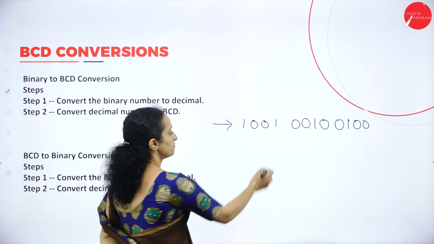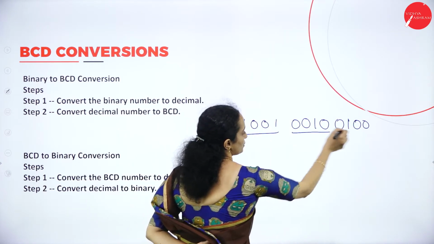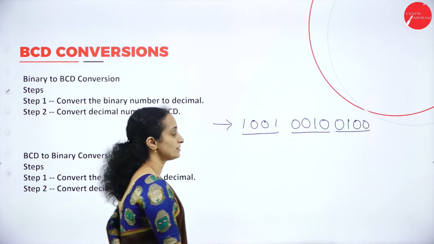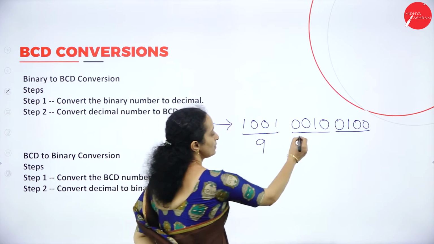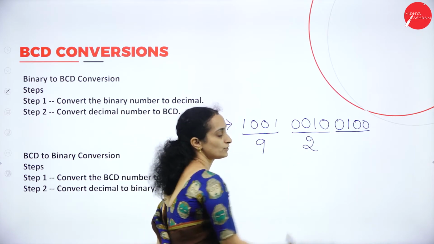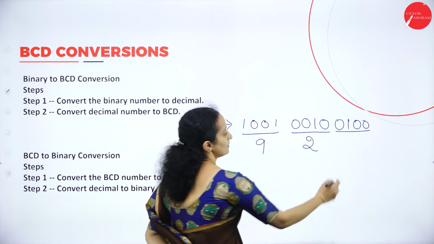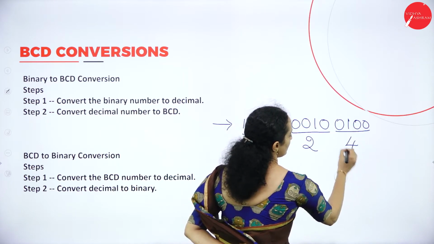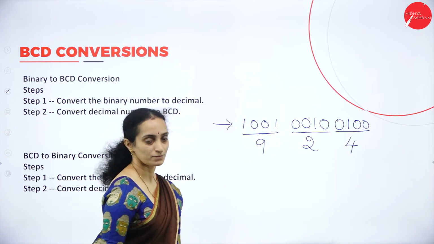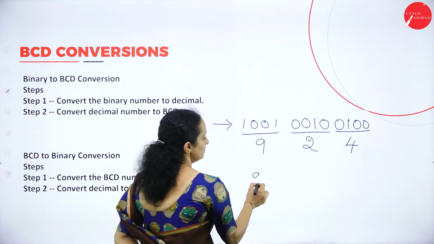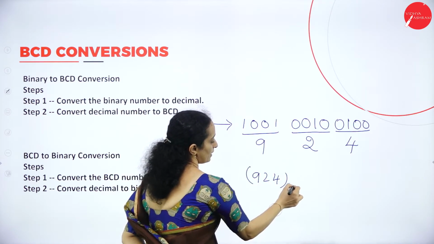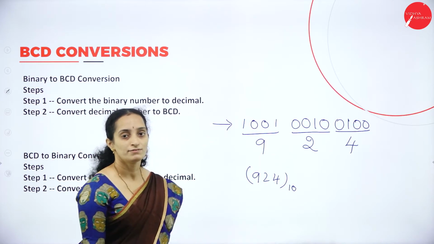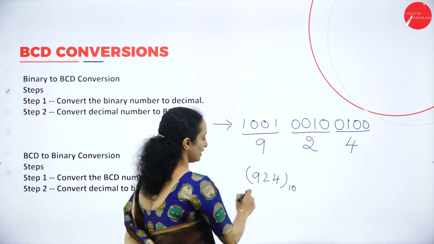What is the decimal representation of this? 1001 will represent 9, whereas 0010 will represent 2, and 0100 will represent 4. Okay, this will become 924 with base 10.